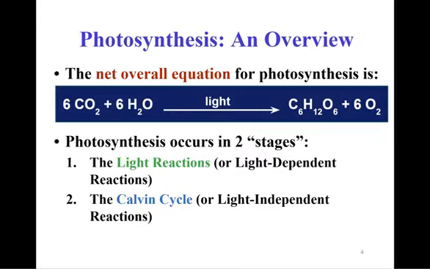So the net overall equation for photosynthesis is carbon dioxide plus water, with light, producing sugar and oxygen. Those are the main products of photosynthesis, the sugar and the oxygen. And remember, there are two stages. One is the light reactions, which are light dependent, and then the Calvin cycle, which is light independent.